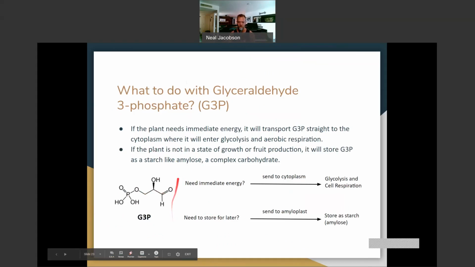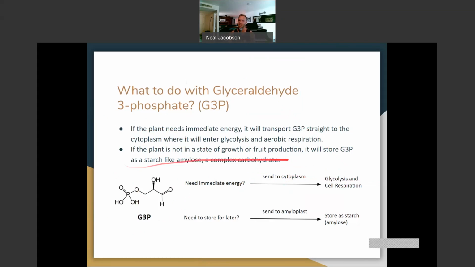It crosses the chloroplast membrane, goes into the cytoplasm, and then it enters glycolysis at that step and goes through aerobic respiration. Because remember, plants have mitochondria too. So they'll take G3P, oxidize it to pyruvate, and then send pyruvate to the mitochondria inside the plant.